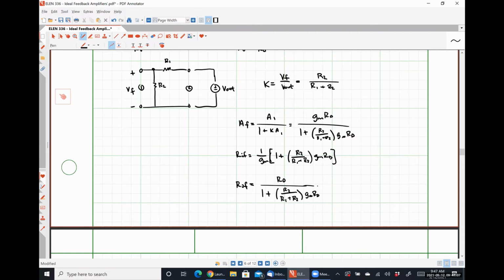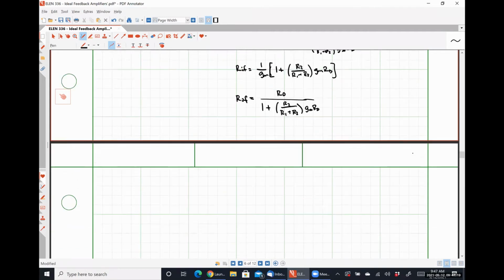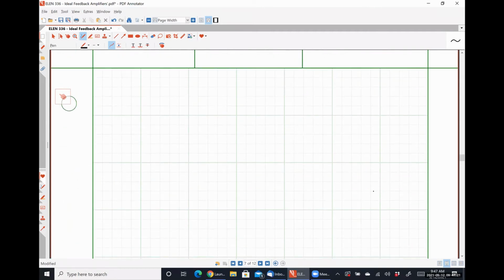Was this difficult? Not particularly. So let's make things slightly more difficult by including loading effects. We're going to do the exact same problem, but now we're going to assume that R1 and R2 are of roughly the same magnitude as RD.